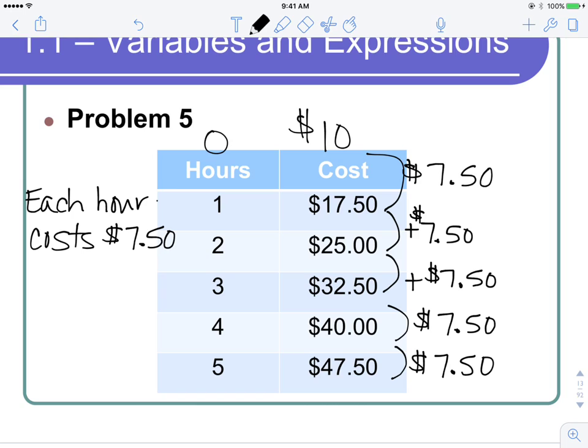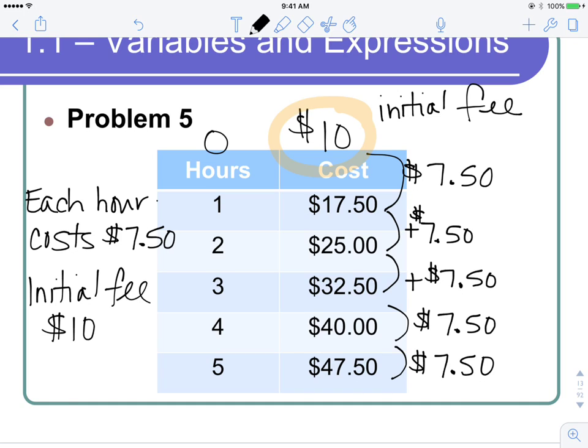Well, that doesn't really make sense, because if you're not going to rent the scooter, you're not going to pay anything. So the $10 would be like the initial fee that is charged for renting the scooter. And then you are also charged $7.50 for each hour after that. So each hour costs $7.50, and the initial fee is $10.